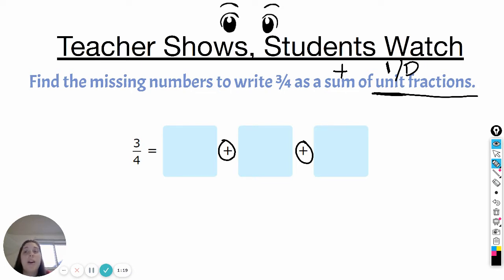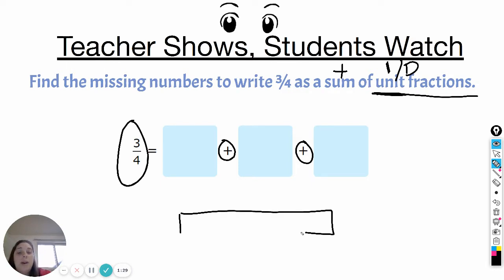It's like saying, if I have one piece, what is that one piece worth? Well, here we're starting with the fraction 3/4. So if I have my fraction strip that's broken into fourths, okay, and they're saying that we have 3 of them, 1, 2, 3.